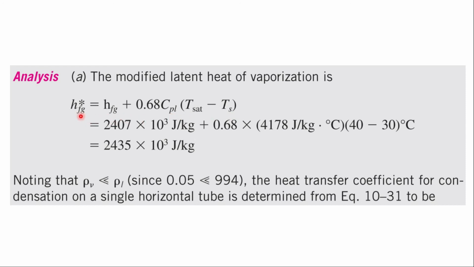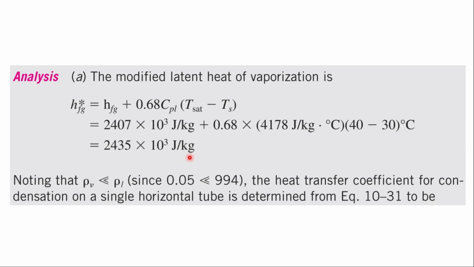If we use it, we will ultimately come up with the actual value of the convective heat transfer, right? After putting all the values and simplifying, you will get the modified value of the latent heat of vaporization, which is equal to 2435 into 10 raised to the power 3 joule per kg.